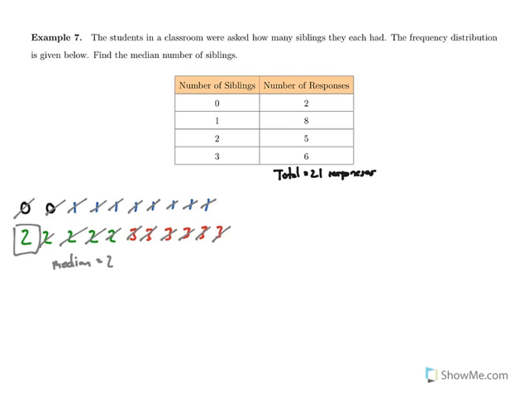Or instead, we could use this formula. There's 21 responses. That's odd. So the median is going to be the (n plus 1) over 2 value. That's going to be 21 plus 1 divided by 2.